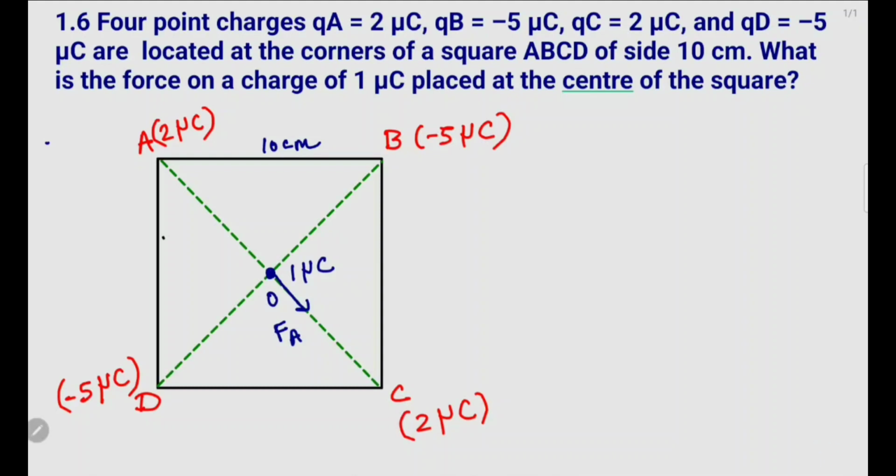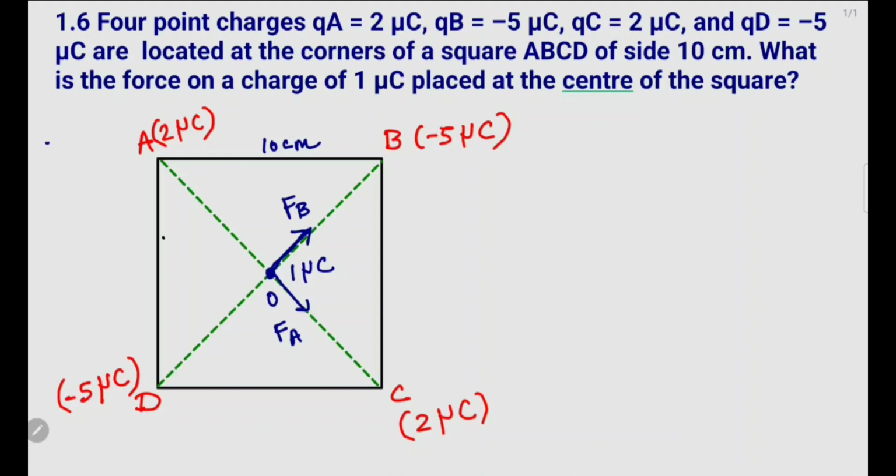Similarly, now look at the charge at B, minus 5 microcoulomb. What will happen? This 1 microcoulomb will be attracted because it's a negative charge. So FB is an attractive force.